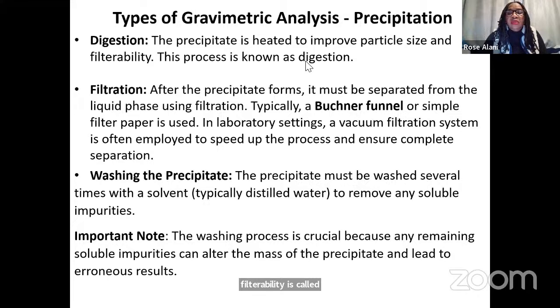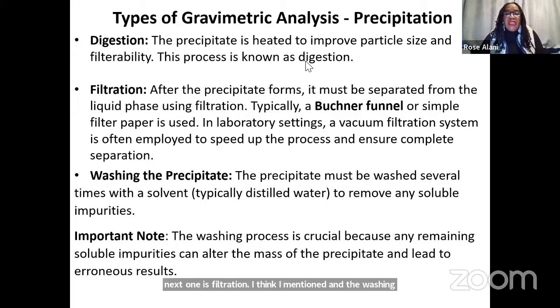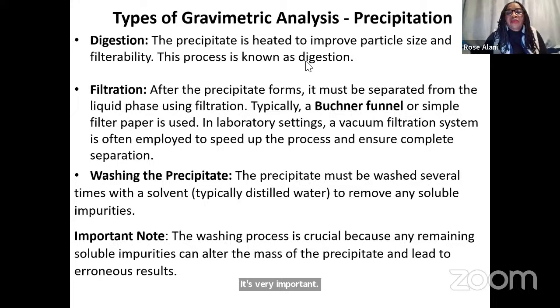So the next one is filtration, and I think I mentioned the washing. There's something I want to say about that washing. It's very important that you wash the precipitate properly and remove everything. Otherwise, if you don't wash it well, there'll be other attachments, other impurities.